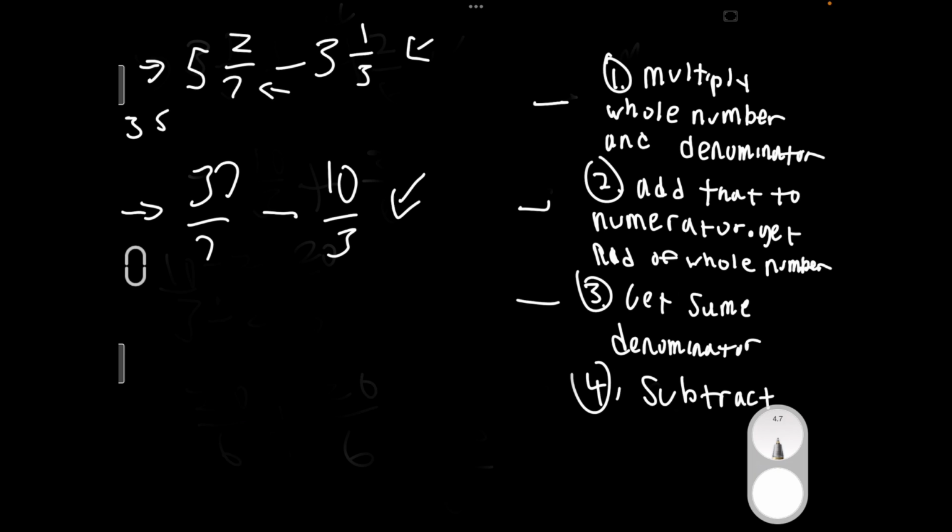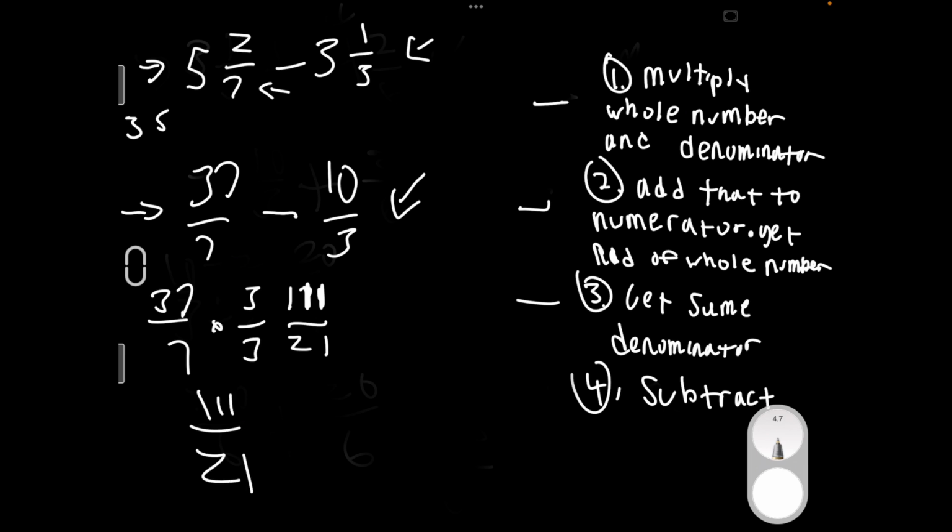So let's do the first fraction first. 37 times 3, that's 111. Pretty big number. And for the second part, that's just 21 over it.